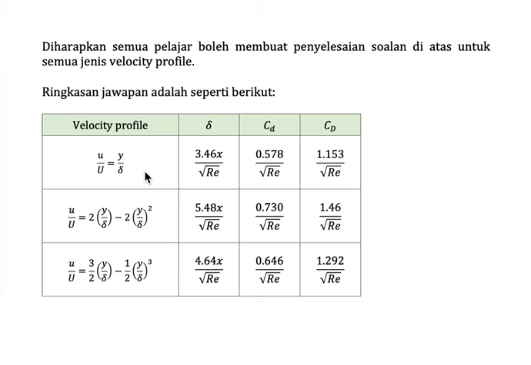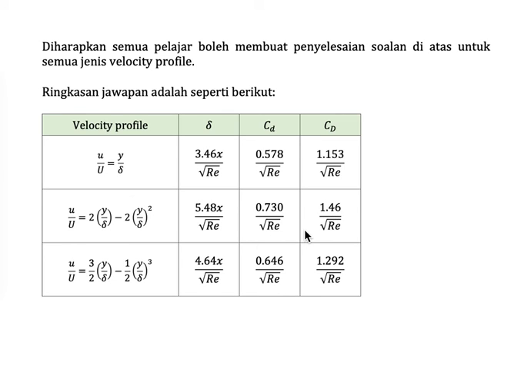What I showed you previously is the calculation of delta and C D for the parabolic profile, meaning u over U equals 2y over delta minus y over delta squared, and the answers are 5.48x over square root of Reynolds number, 0.730 over square root of Reynolds number, and 1.46 over square root of Reynolds number here.